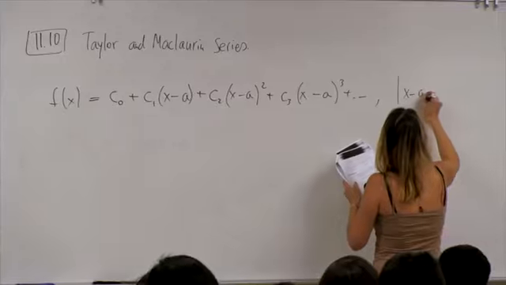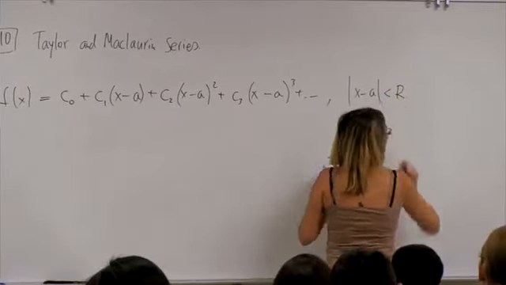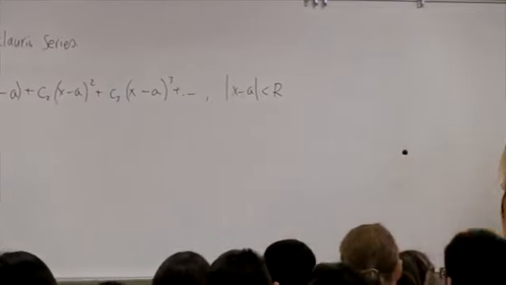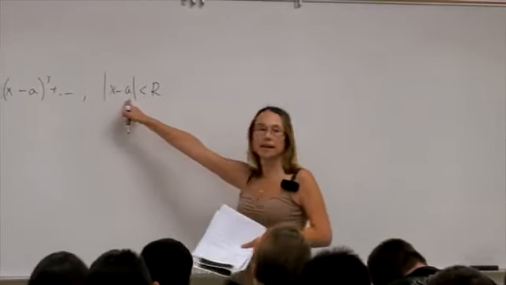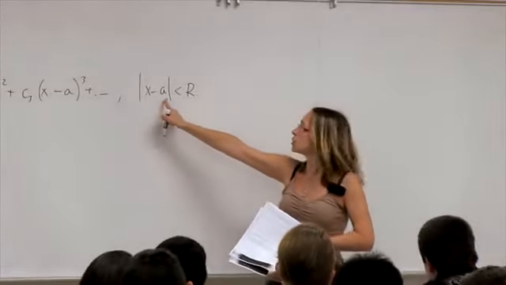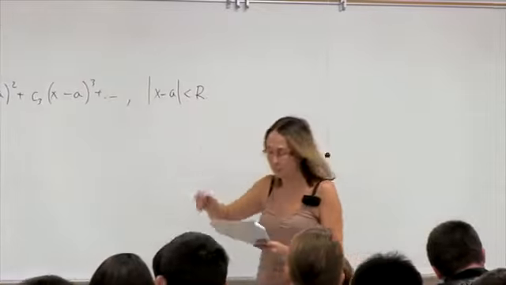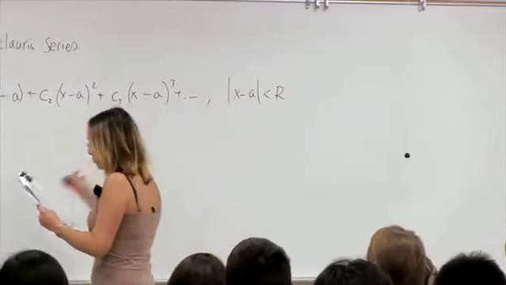And we have a radius of convergence, which means that the series converges for values of x around the center a which are no further than R, and R can be infinite or 0.